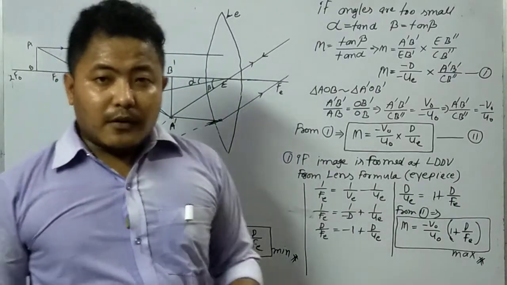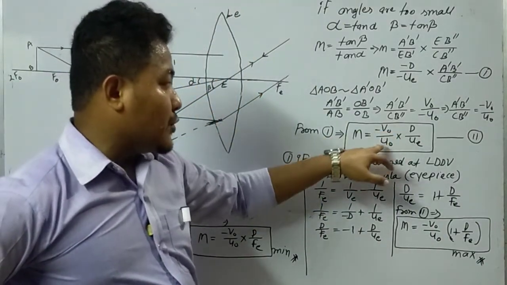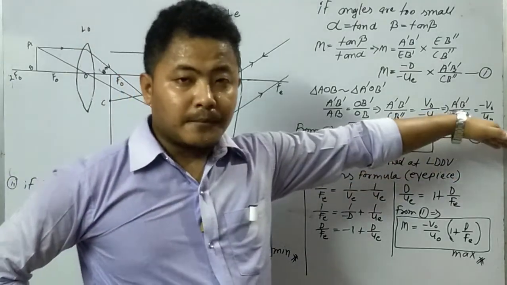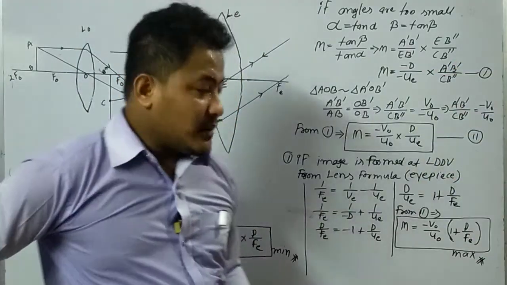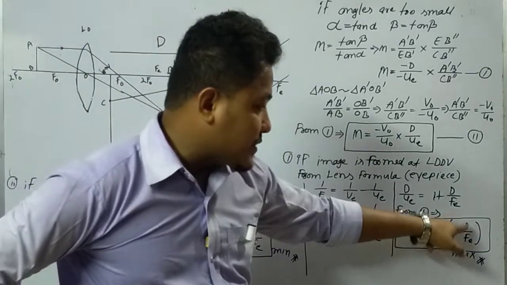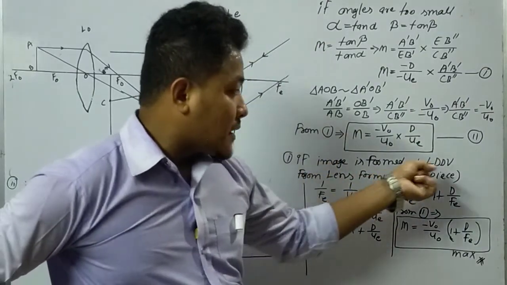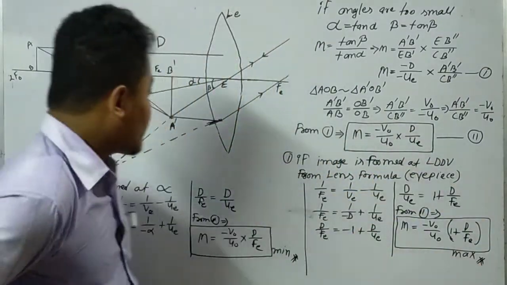So after all, we have found three magnifying powers in this case. M is equal to minus vo/uo into d/ue. This is the general magnifying power. Secondly, M is equal to minus vo/uo into 1 plus d/Fe, that is the maximum magnifying power when the image is at the least distance of distinct vision.